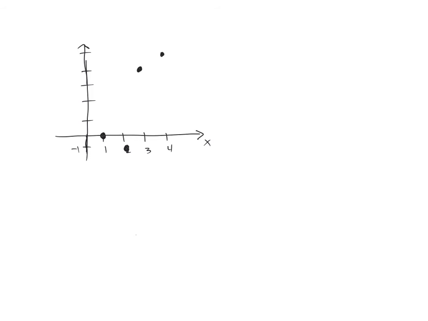Okay, so the regression line, remember that we had y hat was 1/5 x plus 1.5, so it started out at 1.5, and it would rise 1 and run 5.